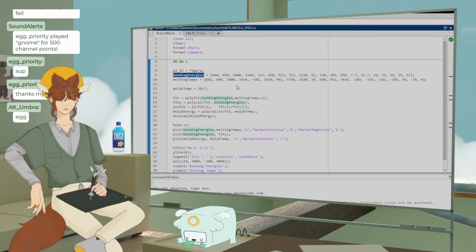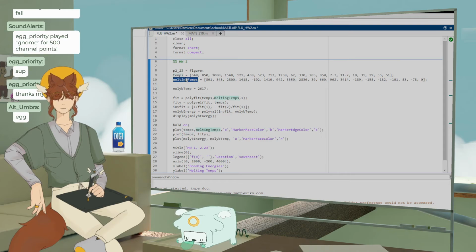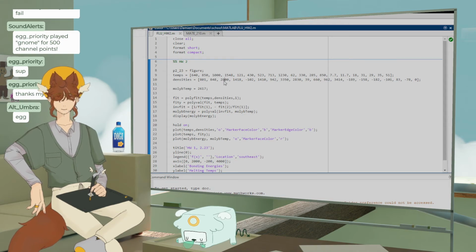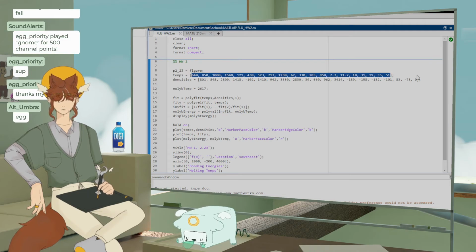Okay, this is going to be temperatures. Oh wait, yes, change that to temps. Change this to densities. I love that I can do that. And then we're going to put in all these numbers. Oh, okay, it's in C. But they gave it to us in C, so we're chilling. I think it started at 25, right? So I don't have to do past that.